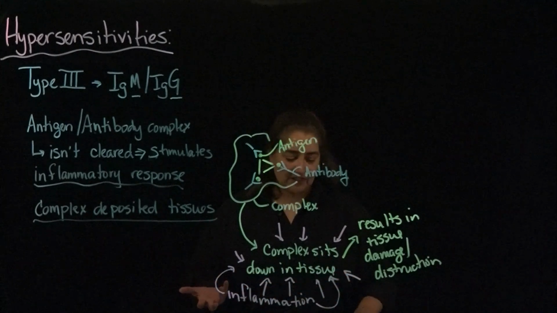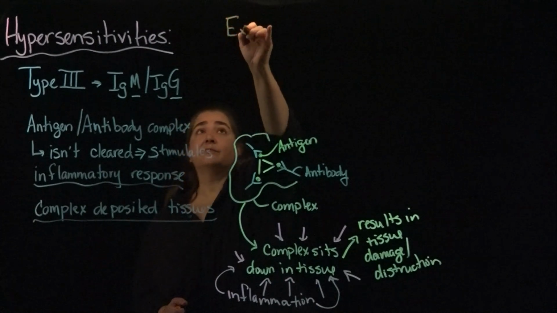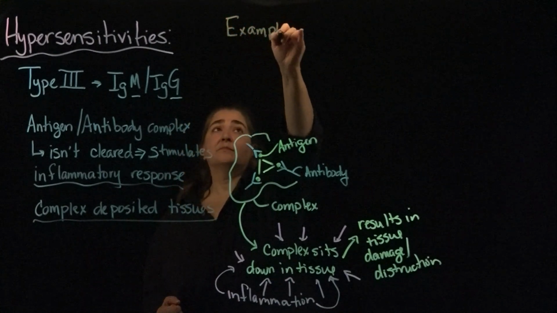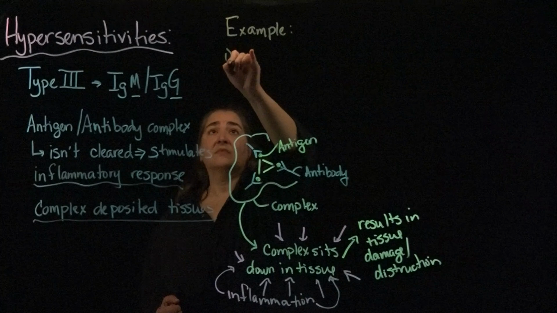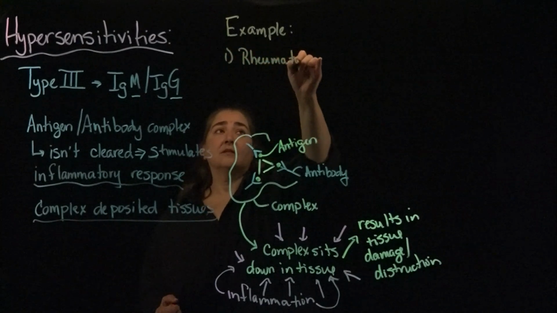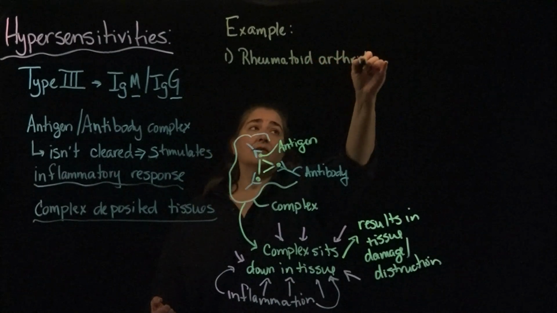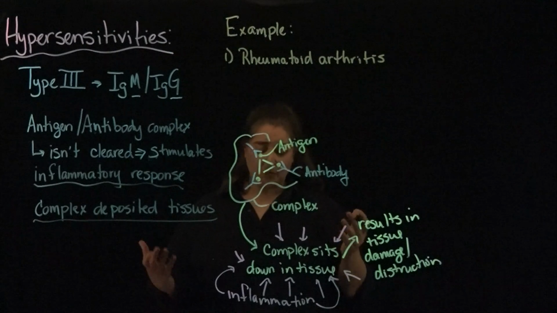Our examples here with type 3 hypersensitivity: rheumatoid arthritis is one example.